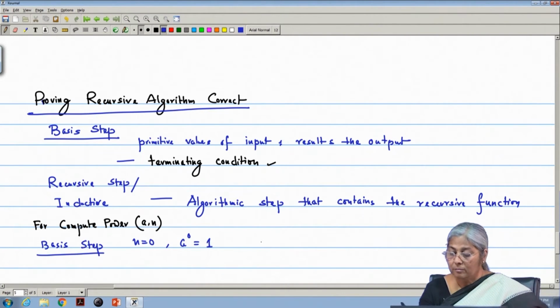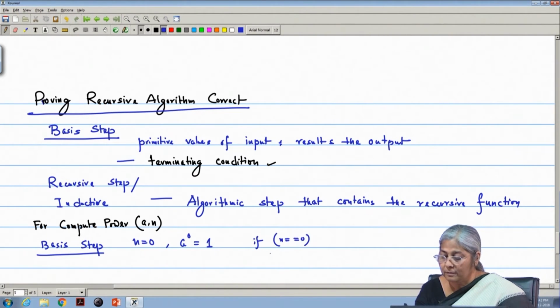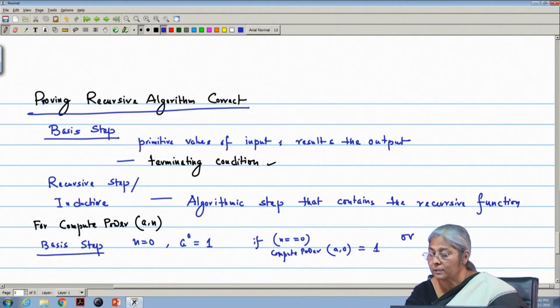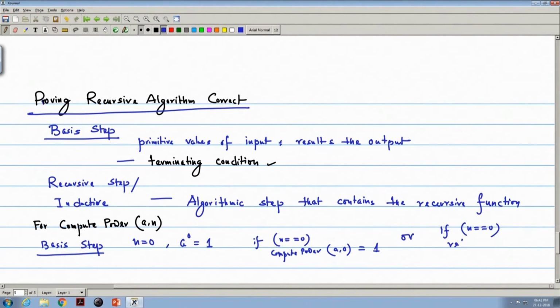What we have written is that if n equal to 0, then return 1, that is, compute power(a, 0) equal to 1. So, this is my return 1. This is my terminating condition.